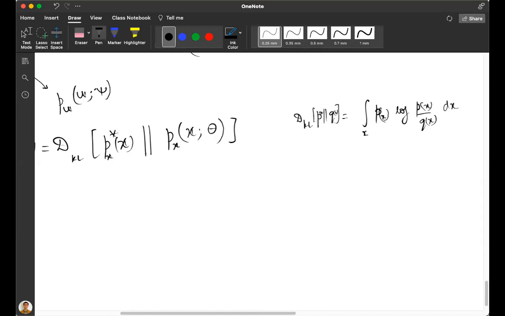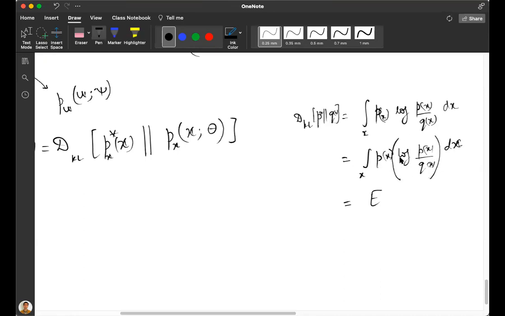And if you go to higher dimensions, when x becomes a vector, then this becomes a complicated thing. You have to integrate over x, still the same thing, and here it becomes a d of x vector, which is actually dx1 times dx2 times dx3, etc. So there is a simpler way to write it: expectation. See, this term is an expectation term, right?